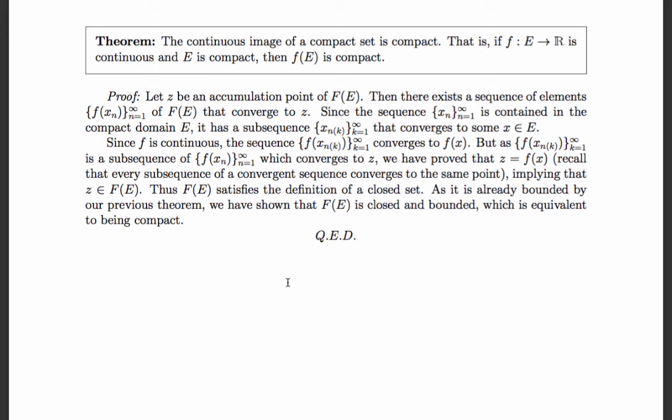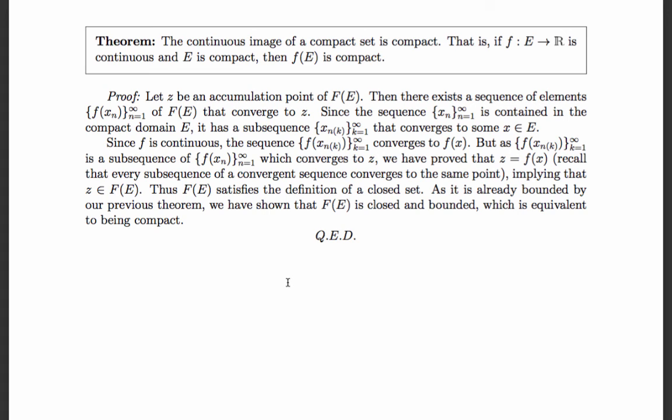Now, since the sequence xn is contained in the domain, which is compact, then xn has a subsequence, xn sub k, that converges to some value x in E. Now, let's apply f, which is continuous, to this convergent subsequence.